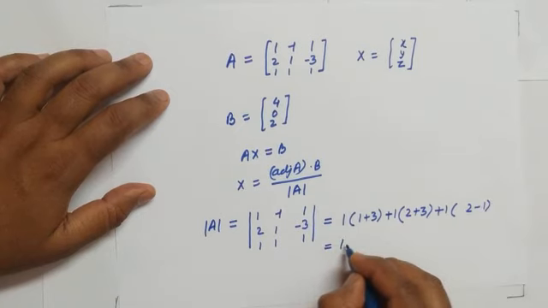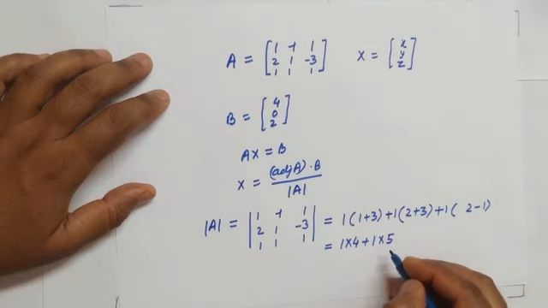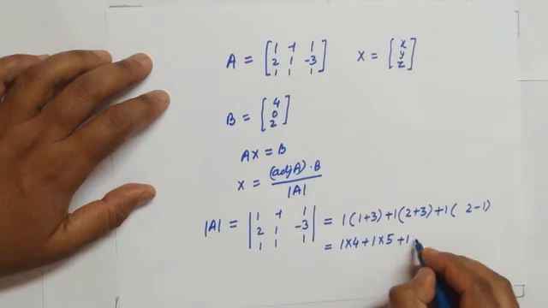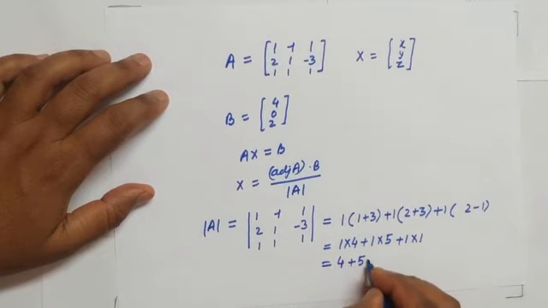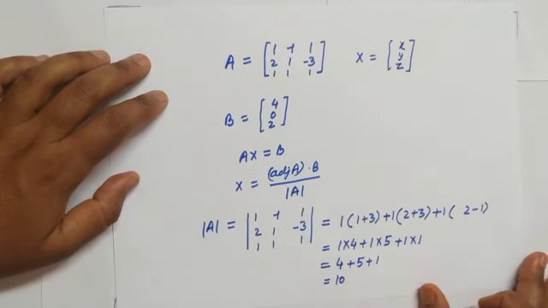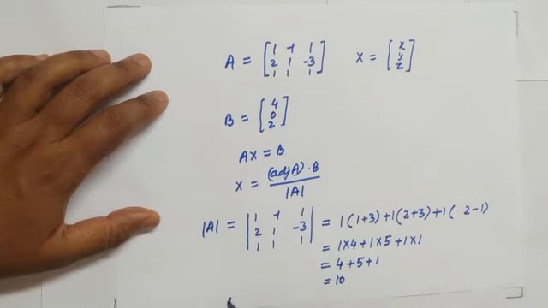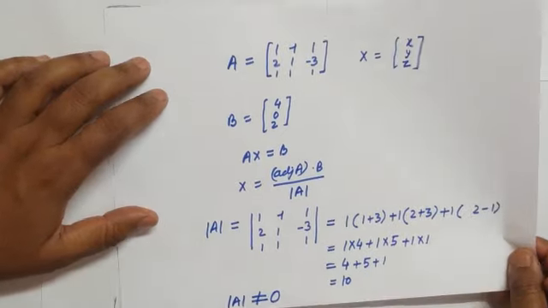This is equal to 1 multiplied with 4 plus 1 multiplied with 5 plus 1 multiplied with 1, that is equal to 4 plus 5 plus 1, that is equal to 10. It means determinant of A is not equal to 0. It means this is the case of unique solution. The system of equations is consistent with unique solution in that case. Now we will see further how we can solve it.